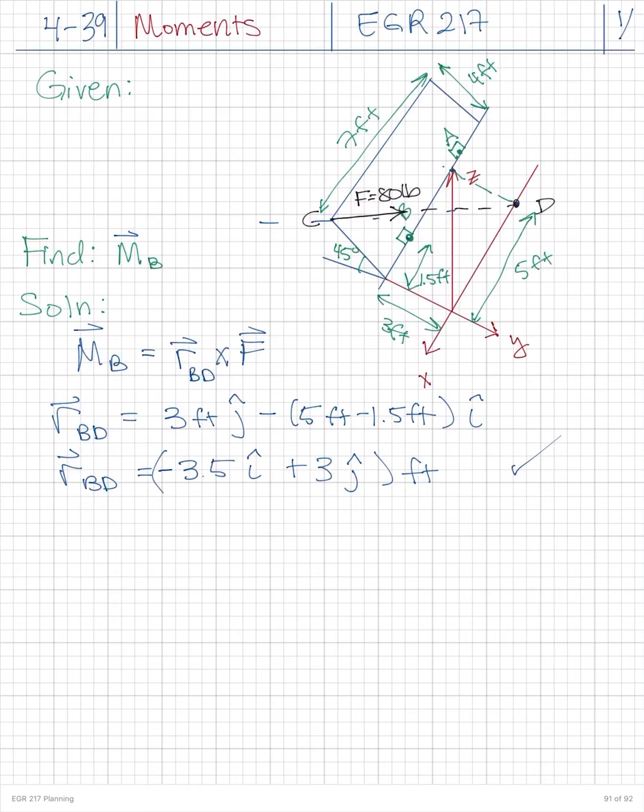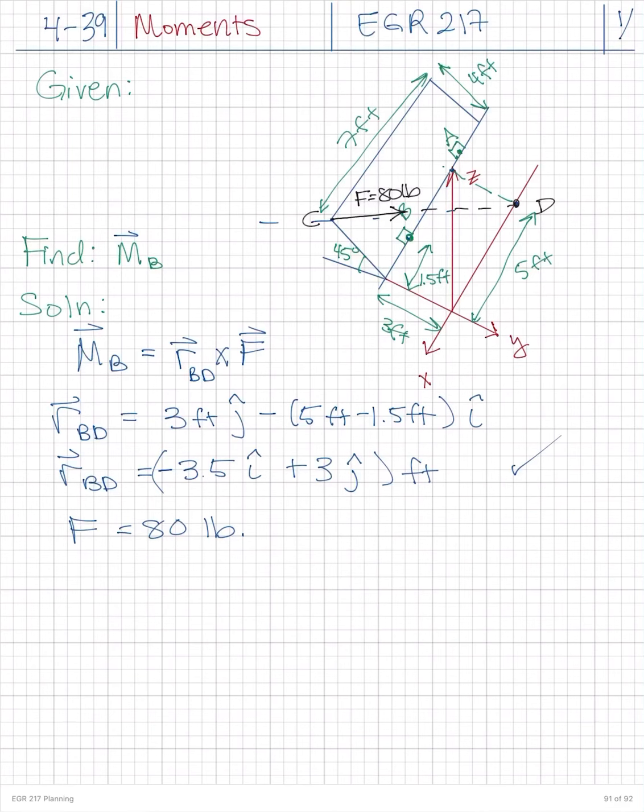We know the magnitude of F is 80 pounds. We could do a unit vector to figure out what direction it's pointed in, because we know where C is and we know where D is.